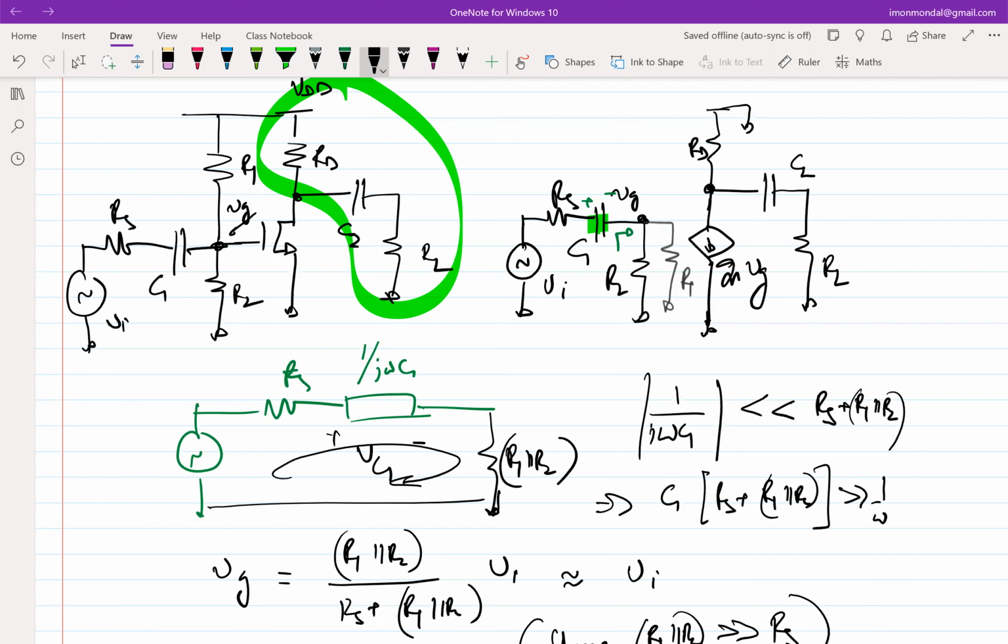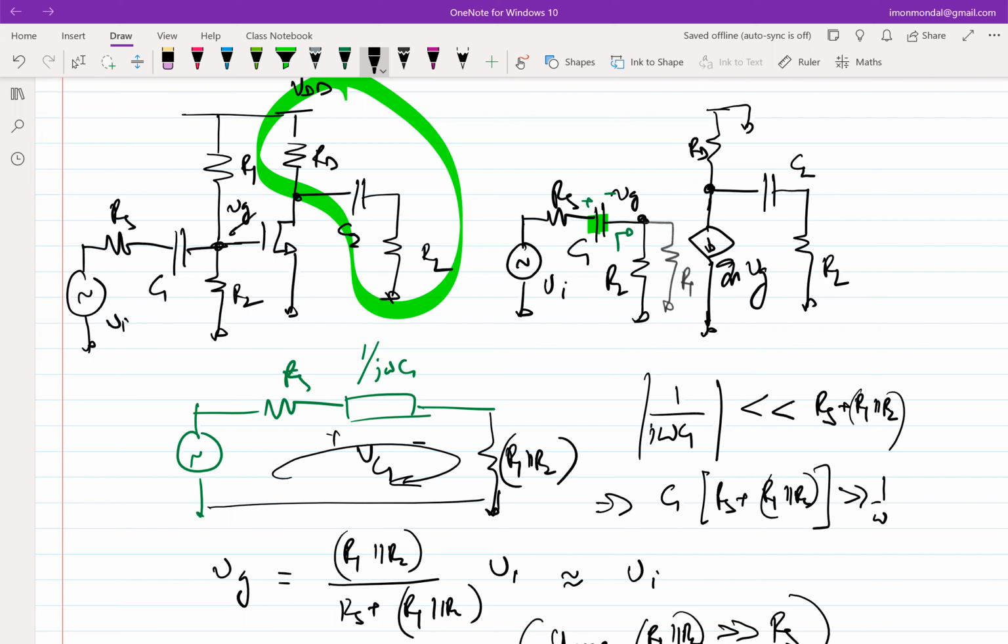Now, that is satisfied. But note that ideally, I would also want the entire voltage VI to appear across VG. So if the condition on C is satisfied, the next thing that we as designers have to choose is the things that are in our control, that is R1 and R2. Can I choose certain values of R1 and R2 so as to ensure that VG is almost equal to VI, right?